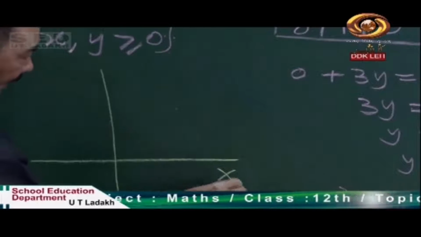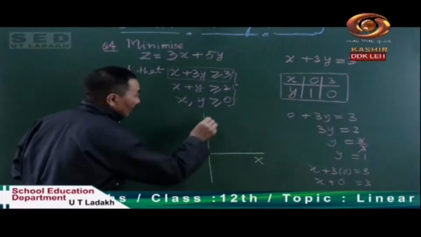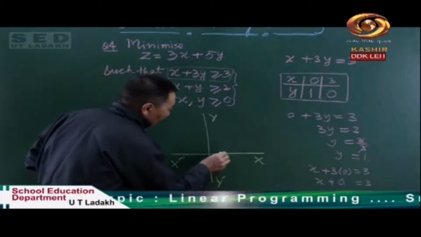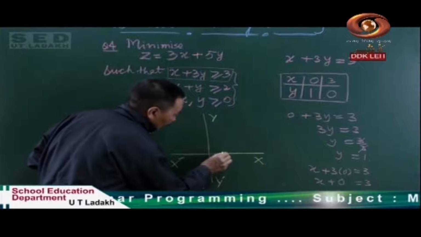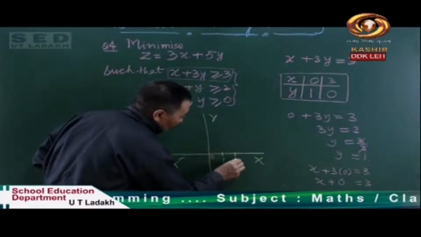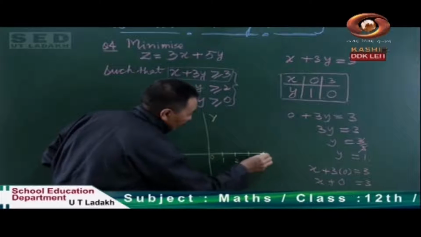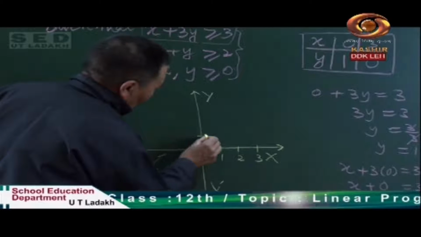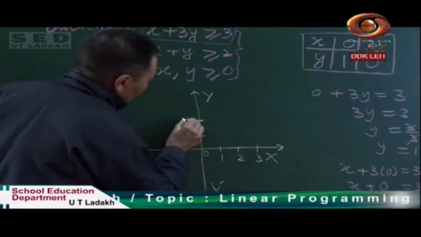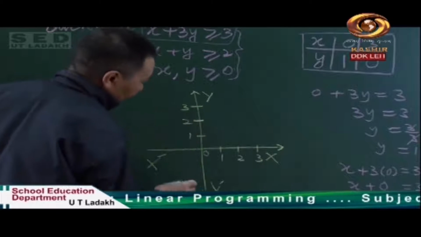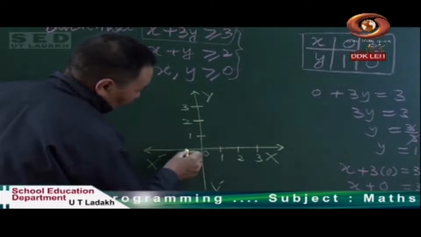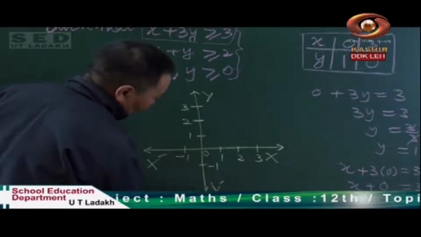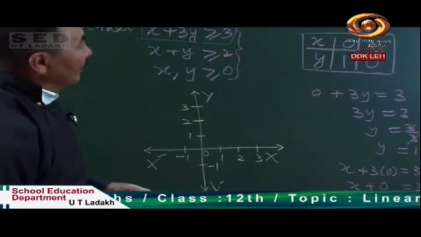This is the x-axis, this is your y-axis. So this is 0 and this will be 1, 2, 3. It will be a negative point, minus 1. This is also a negative point, minus 1, and it goes on. This is the graph.